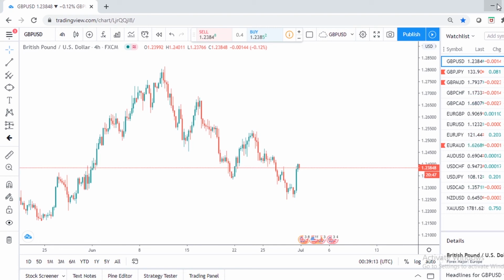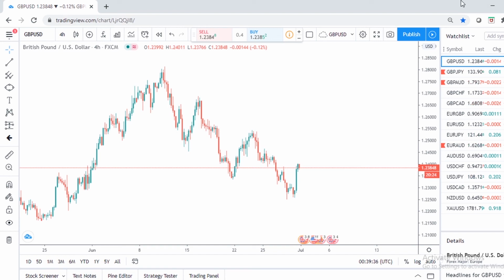Kaya don't. Okay? Ang suggestion ko is make sure that the confluence setups that you have identified and have agreed on will all agree before you take the trade setup.